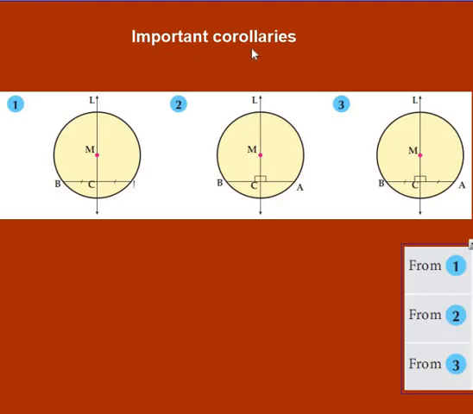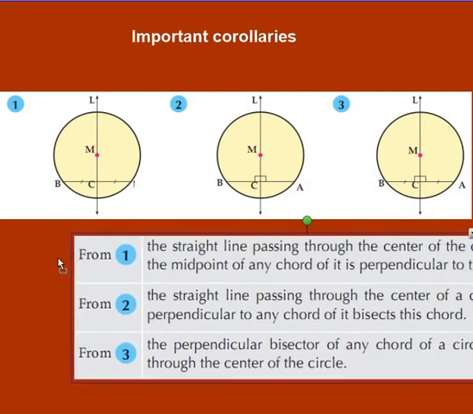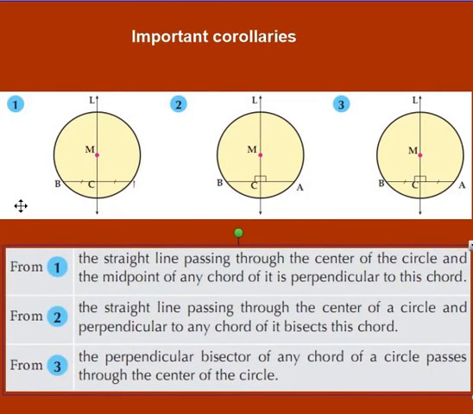Important corollaries. 1, 2, 3. From 1, the straight line passing through the center of the circle and midpoint of any chord of it is perpendicular to this chord.